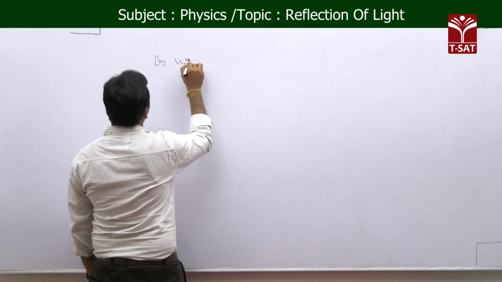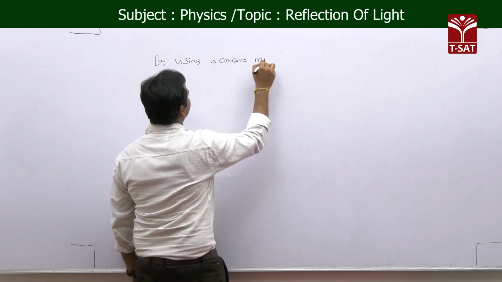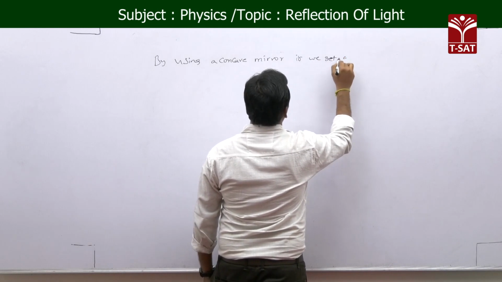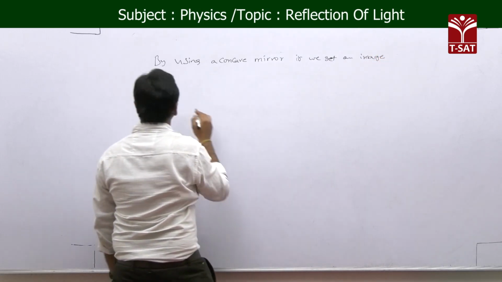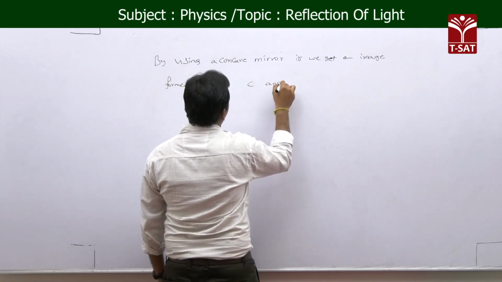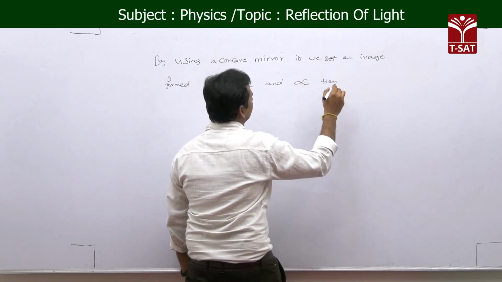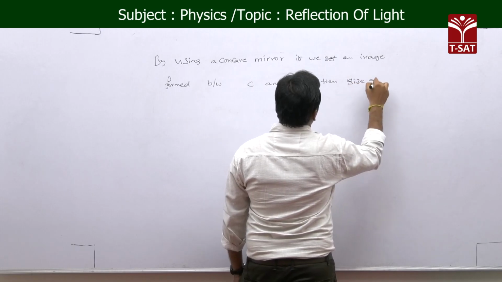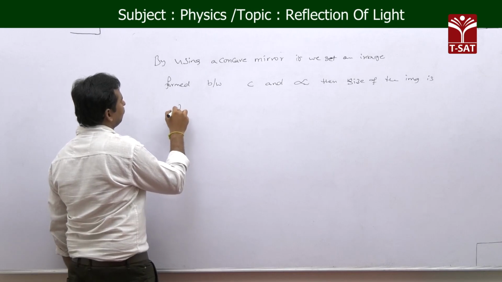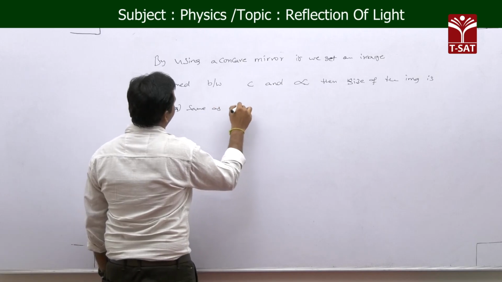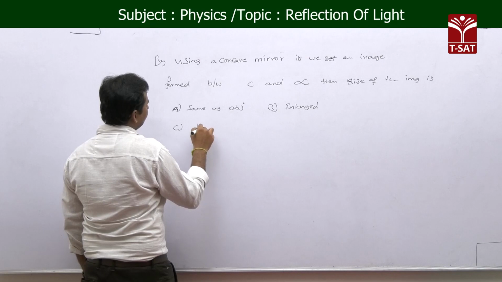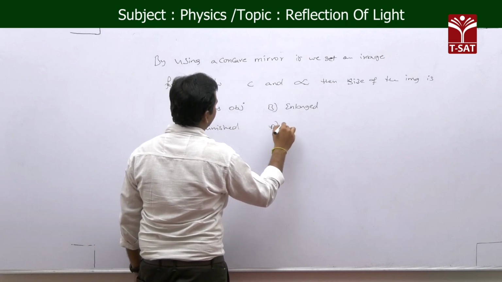By using a concave mirror, if we get an image formed between C and infinity, then the size of the image is: option A, same as the object; B, enlarged; option C, diminished; and option D, cannot say.